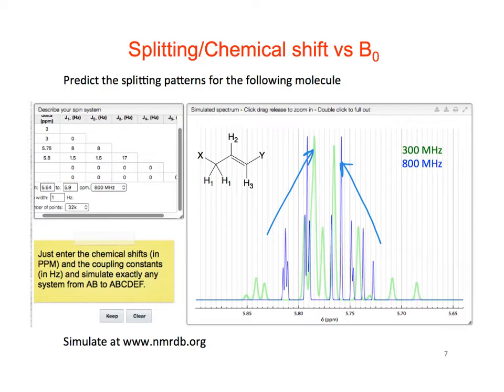Yeah. Well, you should be finding kind of the middle of the signal. Right, so from a simple point of view, if you have a doublet, you're not going to report this as the chemical shift, or this, you're not going to report both of these as separate chemical shifts. If this is just one doublet, the chemical shift is going to be here, right?